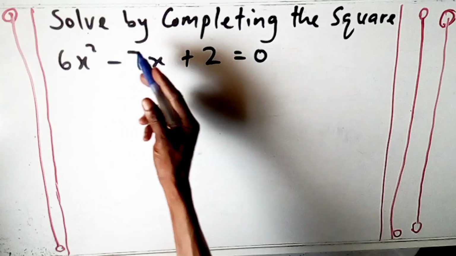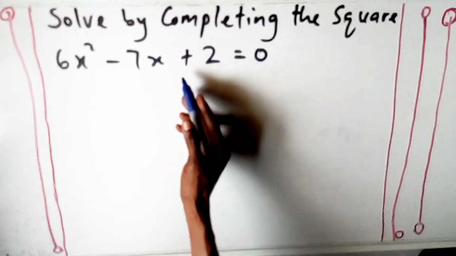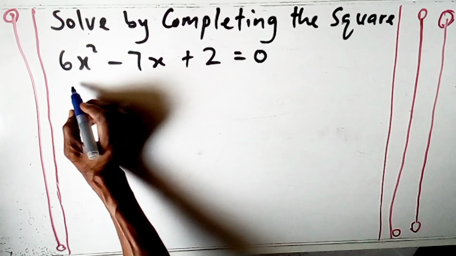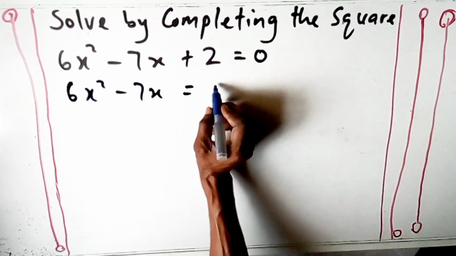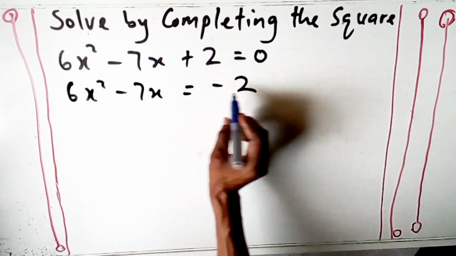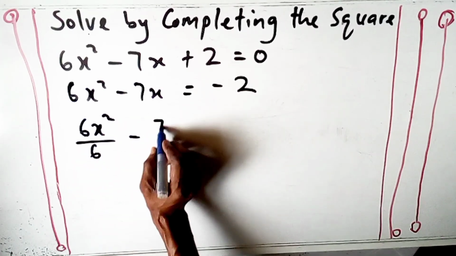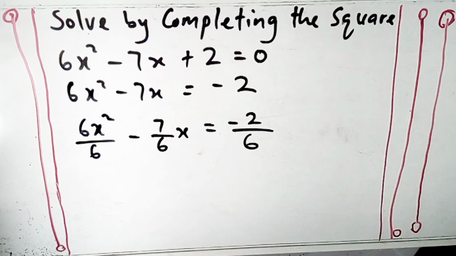The next method is the completing the square method. The same question, so we are expected to get the same answer here. So the next step is to take plus 2 over to the other side. And we need to make x squared unity by dividing all through by 6. That is what you can see me doing there.